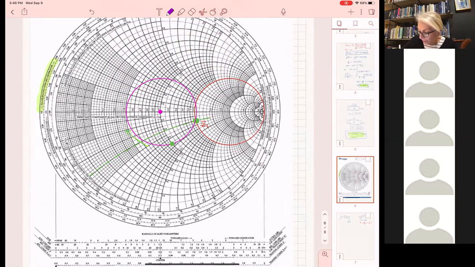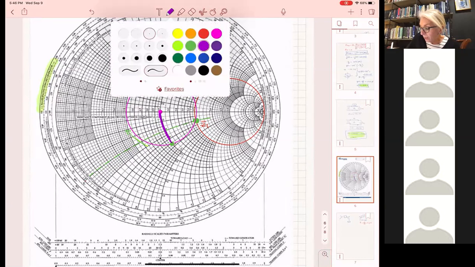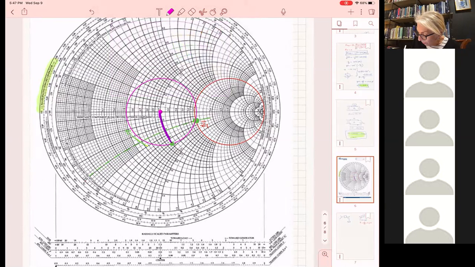So it's going to keep the resistance the same, which normalized is 1. So practically what I do is I travel on the constant VSWR circle like this. And then I travel on the constant resistance circle, which is 1 now, all right, here, and then I come to the center.